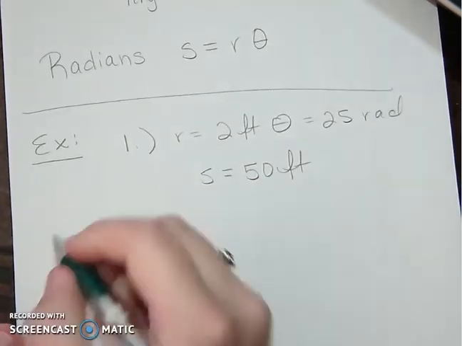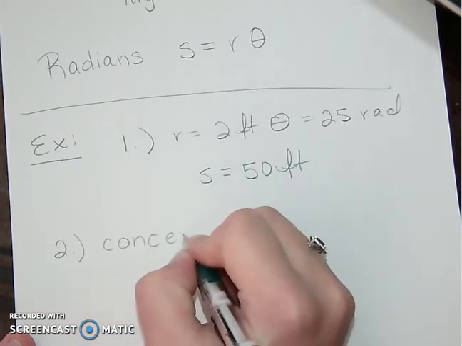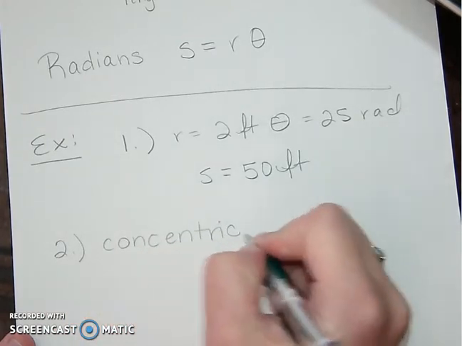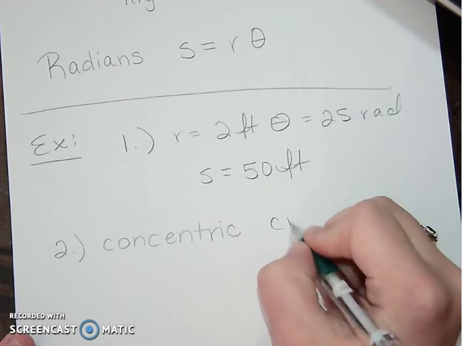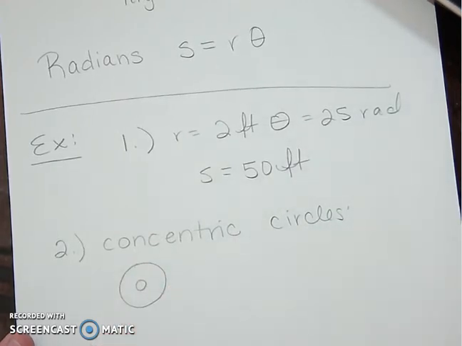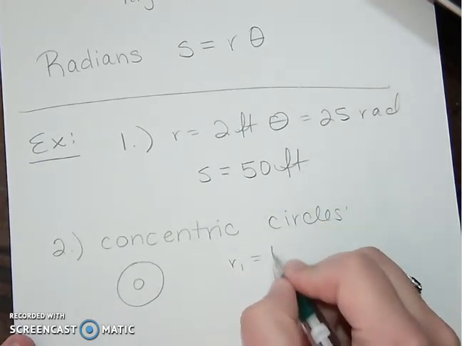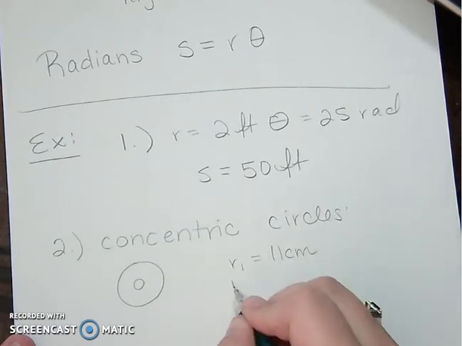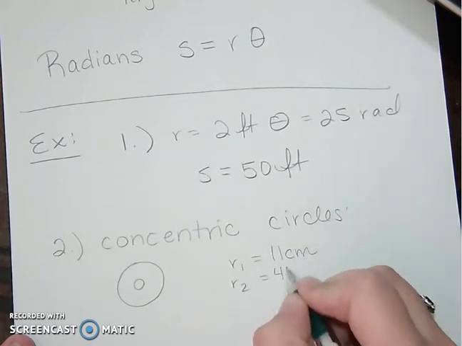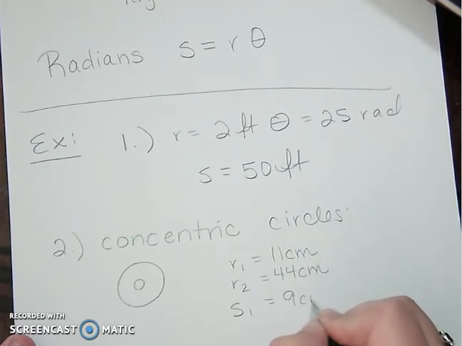Some of the more complicated problems that you'll see are concentric circles, which just means a circle within a circle. Hopefully you heard that in Math 3. For example, if R1 is 11 centimeters, R2 is 44 centimeters, and S1 is 9 centimeters.